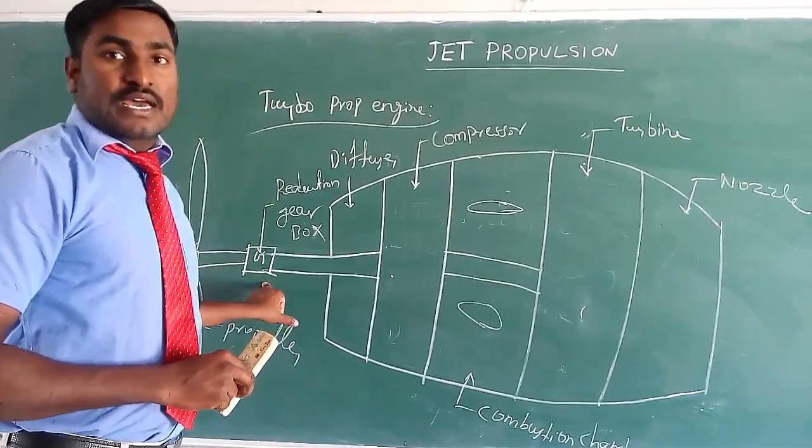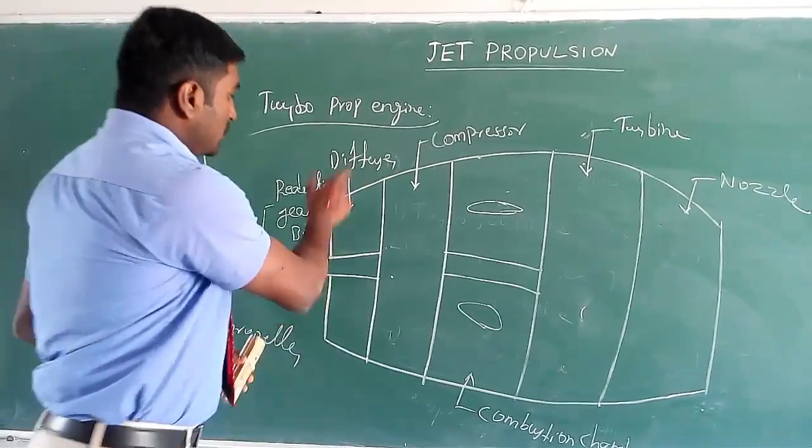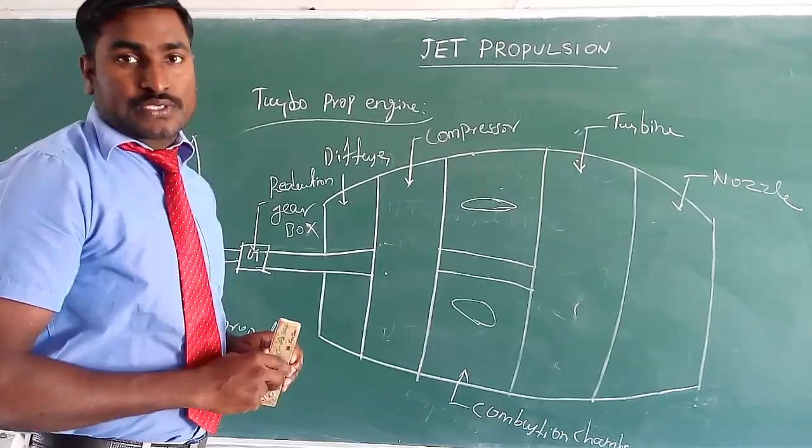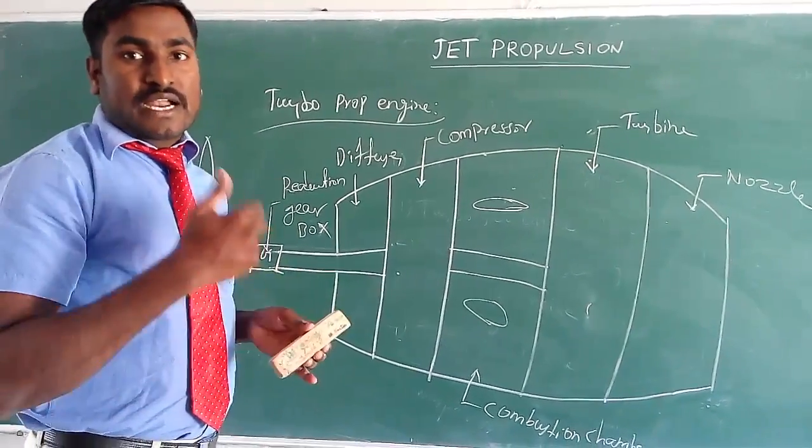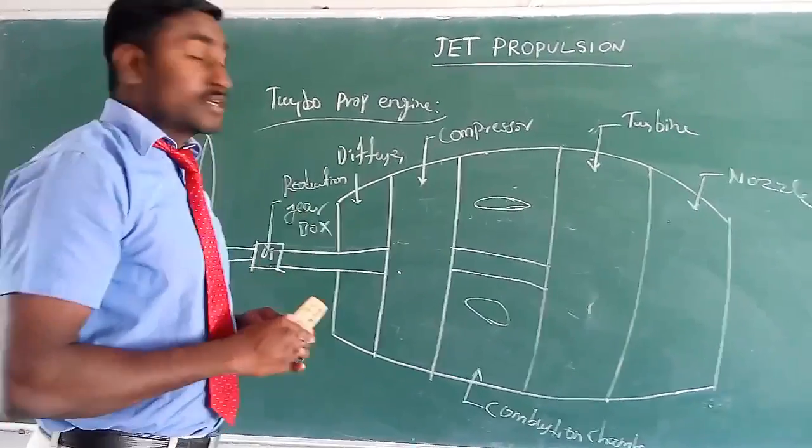So we use the reduction gearbox. The diffuser's job is to reduce the velocity and increase the pressure, that is, kinetic energy is converted into pressure energy, static pressure.